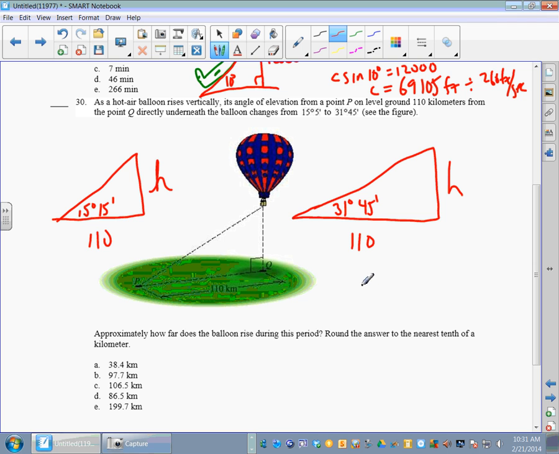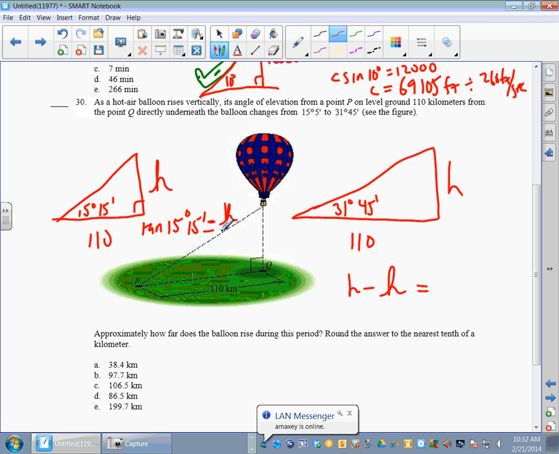So the difference between the two, h minus a cursive h, is going to be your answer. And you said tangent, right? Okay. So tangent 15 degrees, 15 minutes equals h over 110.